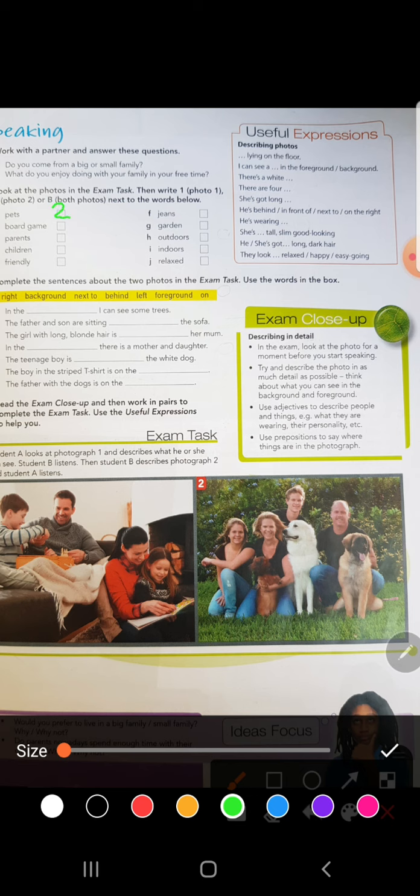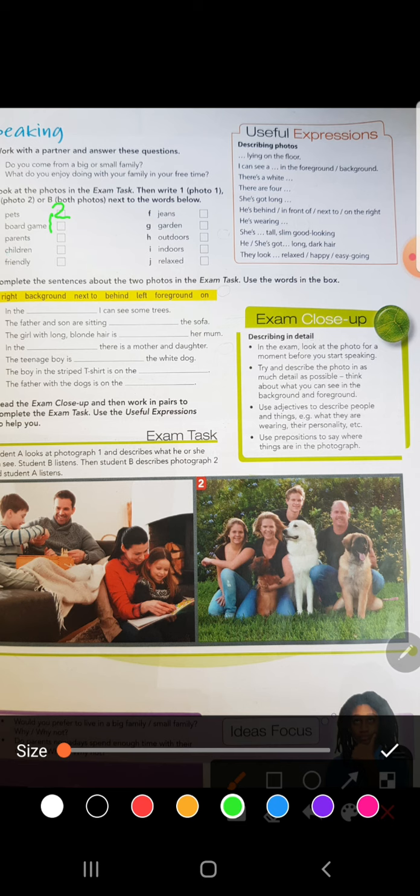Board game. What do I mean by board game, by the way? A game that involves the movement of counters or other objects around a board. So, board game. Where can we find a board game, in photo number 1 or number 2? This is a board game. So, number 1. Here we have to write number 1.